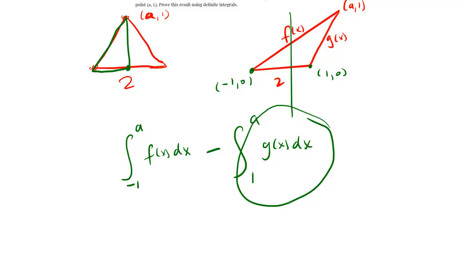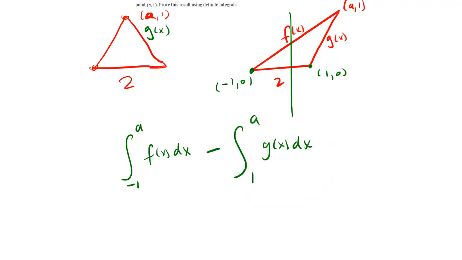Certainly, but what would happen with this particular integral as I drew it here is, well, if this is my g of x, if 1 is right here, then if I went from a to 1, this would be a positive value that I'm subtracting off, which would be a no-no. But I'm going from 1 to a, which makes this just a negative version. So I'm subtracting off a negative, which is equivalent to adding.